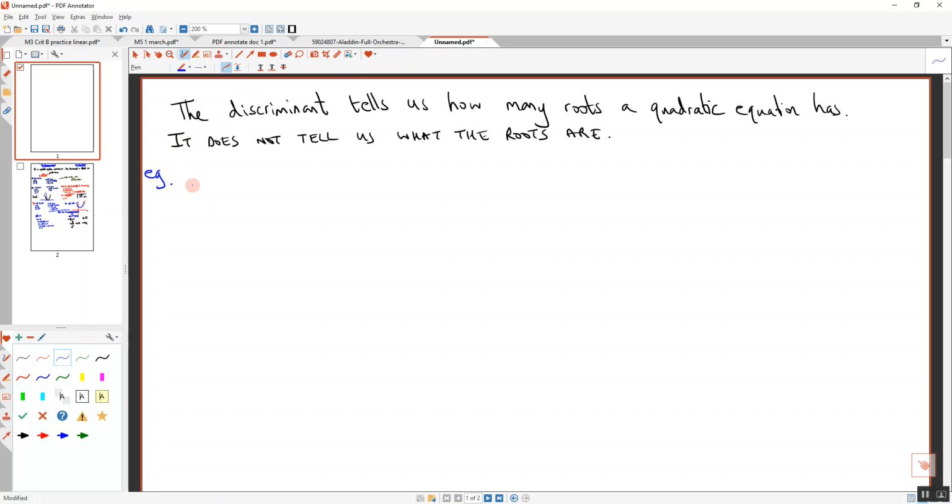So for example, if we have b squared minus 4ac, if we work out the discriminant and we find out that it is greater than 0, this tells us what? It's a positive number. No, it's 2 roots. It has 2.